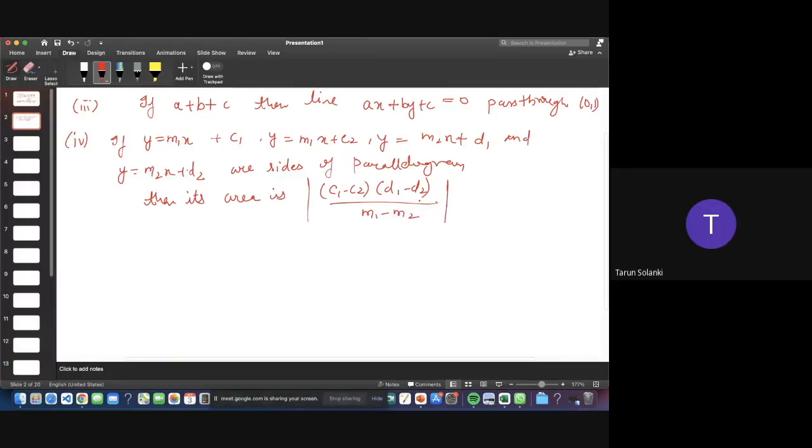So these are the four points which we need to remember while solving the questions. Now we will move to the question part.